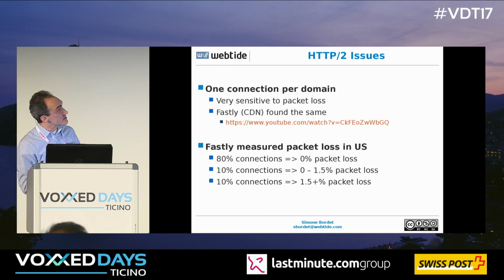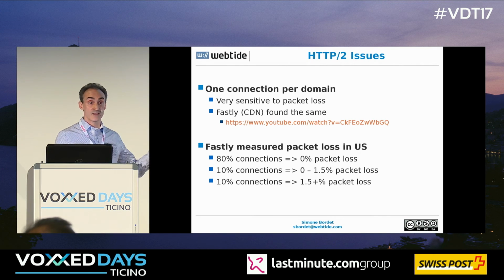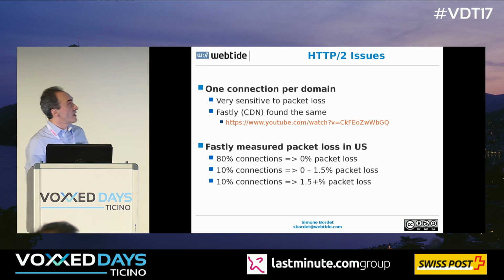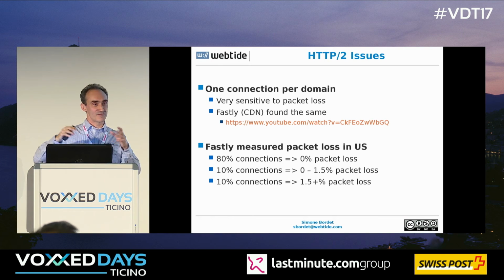What is the good thing about HTTP2 is one connection per domain, which is very efficient at the TCP level. We've seen this. Multiplexing, the demo was awesome. But what is the problem if we have packet loss? That single TCP connection goes down, and you have 20 outstanding requests on that single connection.